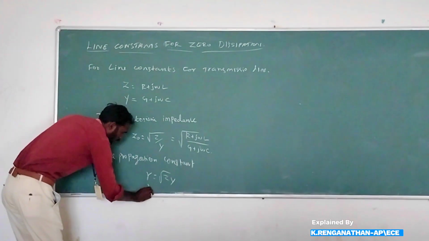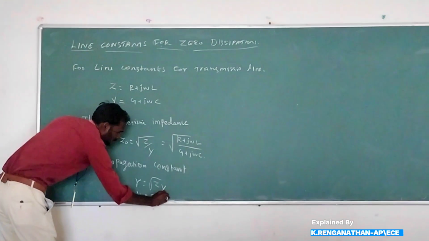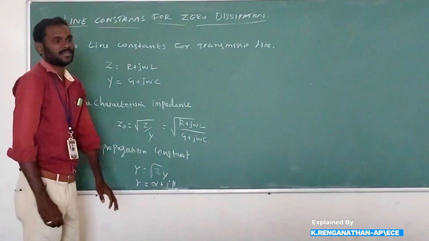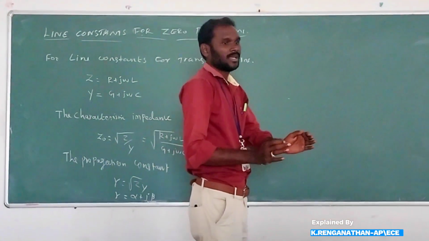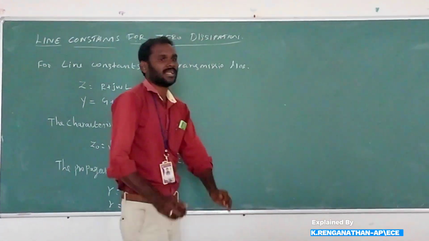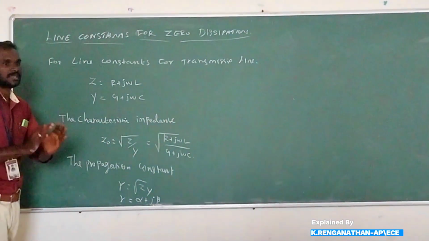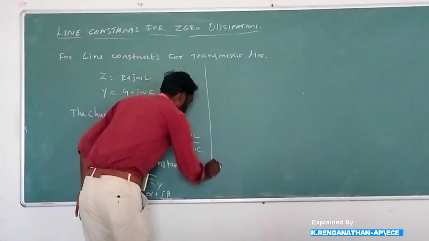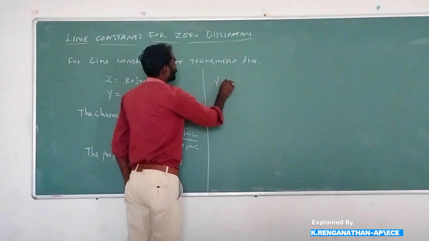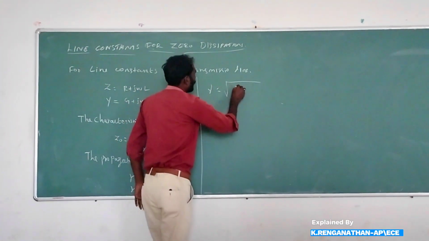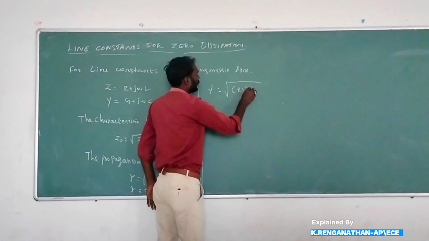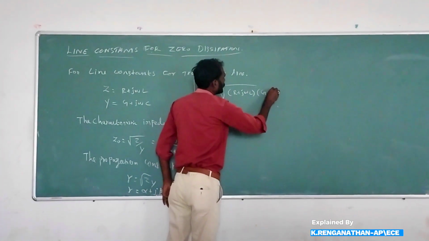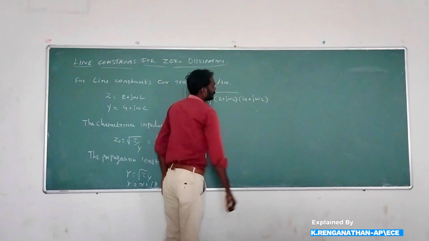We know gamma is equal to alpha plus j beta, where alpha is the attenuation constant of the transmission line and beta is the phase shift of the transmission line. So, substituting, gamma is equal to root of R plus j omega L times G plus j omega C.